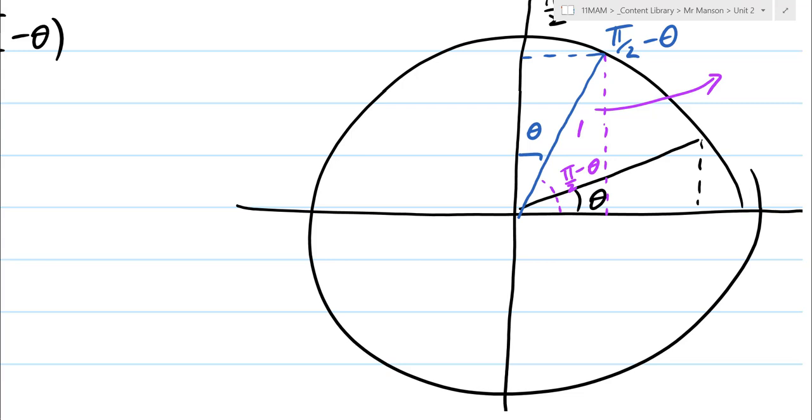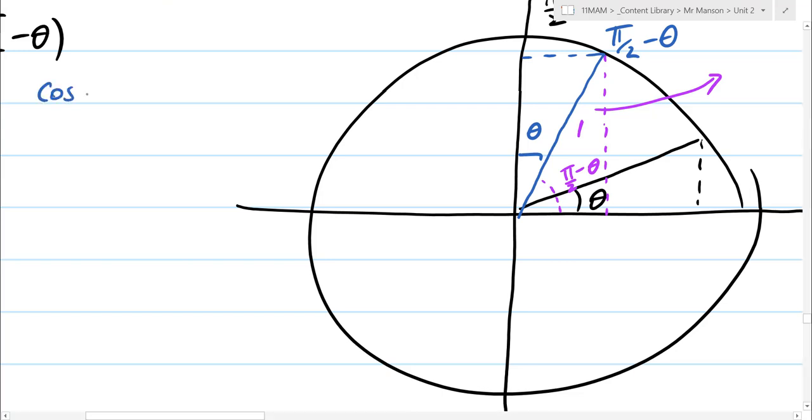So sine of pi on 2 minus theta is this height, which hopefully you can see the height of this triangle is actually the base of this blue triangle. So we're now reading off the vertical axes. The height of the triangle in purple is the base of the triangle I created in blue, and if you have a look at that base, we get this rule.